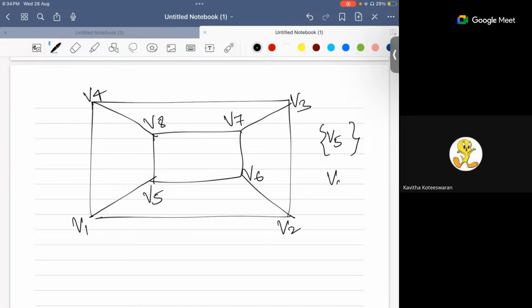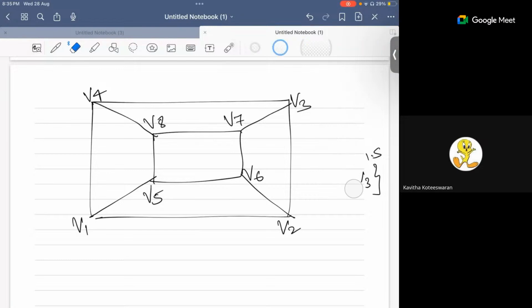If you're taking V5 and V3, there is no direct edge, right? So this can also be an independent set. Now tell me the combination of the vertices such that the cardinality of that set is maximum, the maximum independent set.